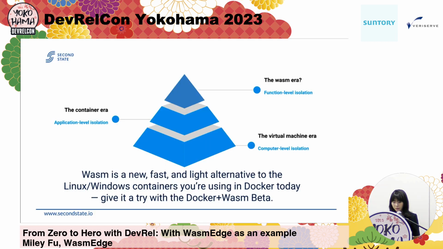In the virtual machine area, people have heard about typical solutions and companies, and in the container area, typical companies like Docker. In the cloud native era, we are using more microservices and serverless functions, so you can be moving forward to one of these areas.